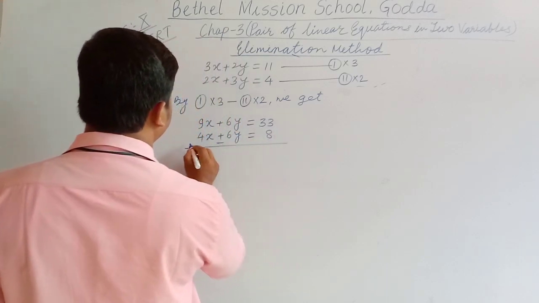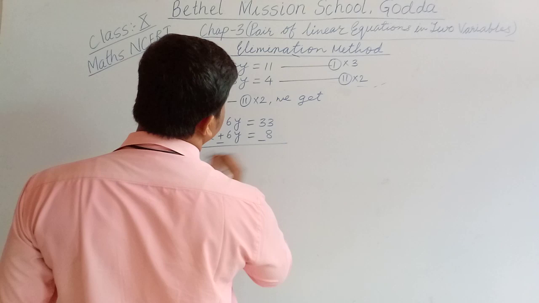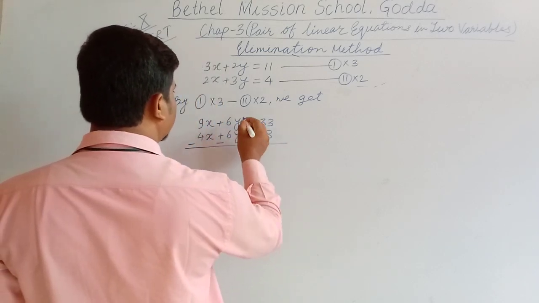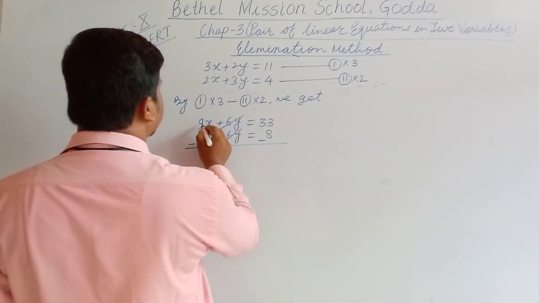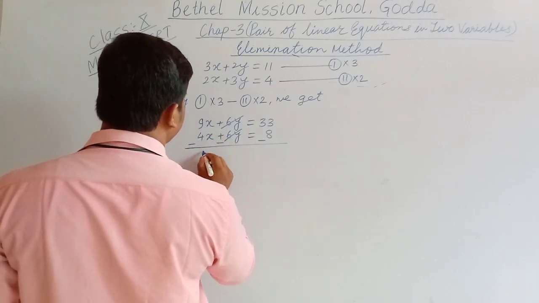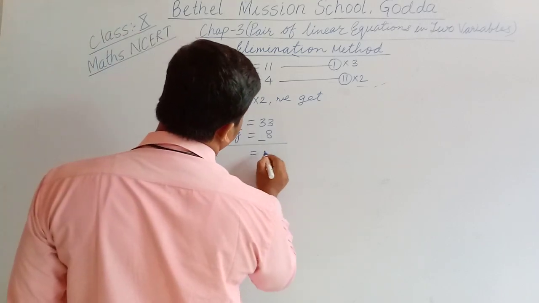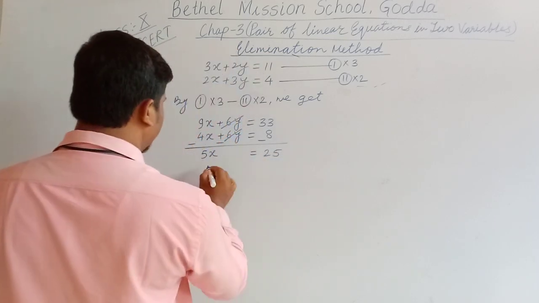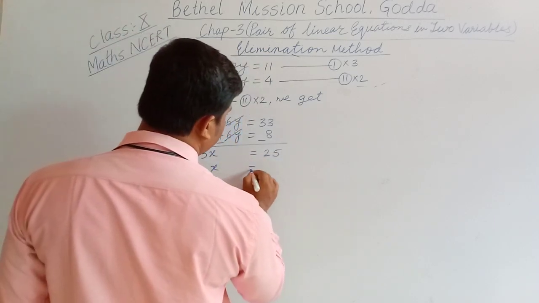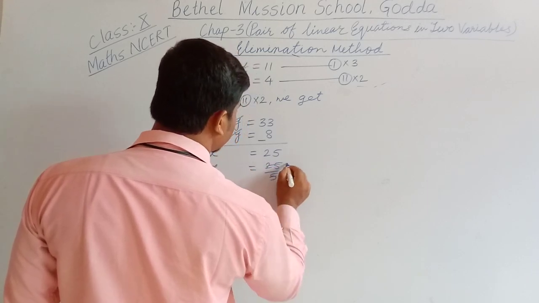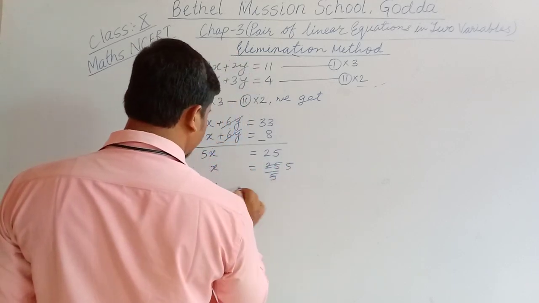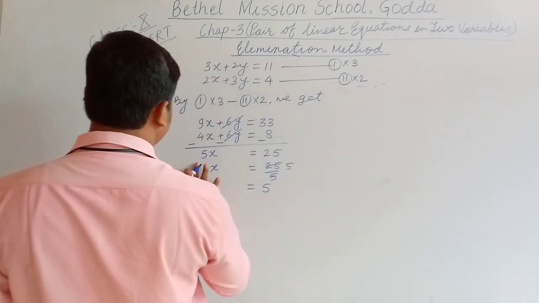Then what will be? Minus, minus, and here minus. Then what will be? 6y gone. 9x minus 4x, here will be 5x, and here 25, and therefore x equal to 25 upon 5, and you will get, therefore x equal to 5.